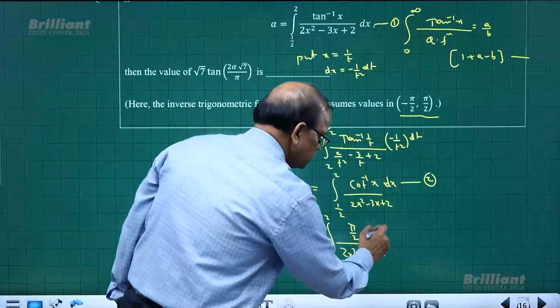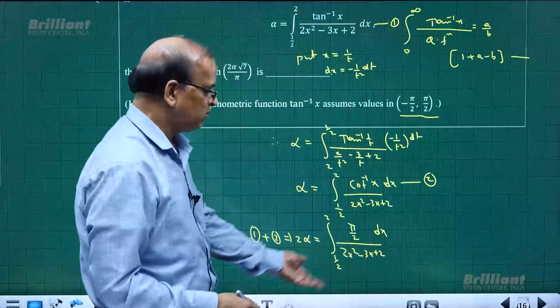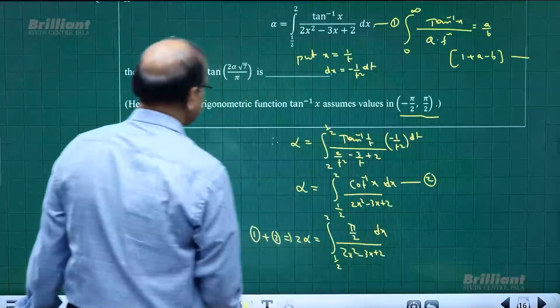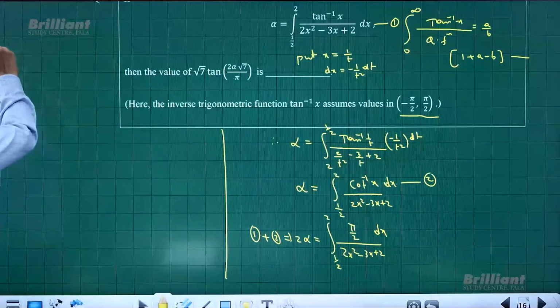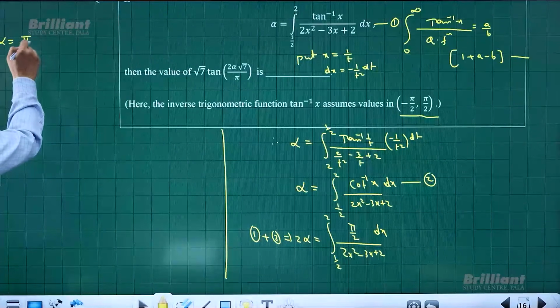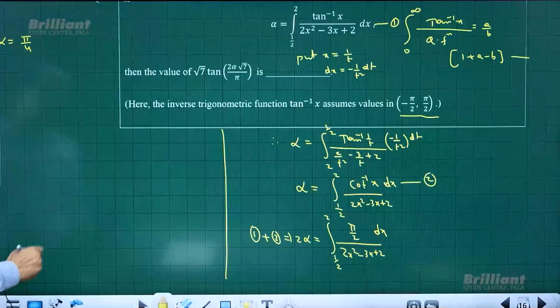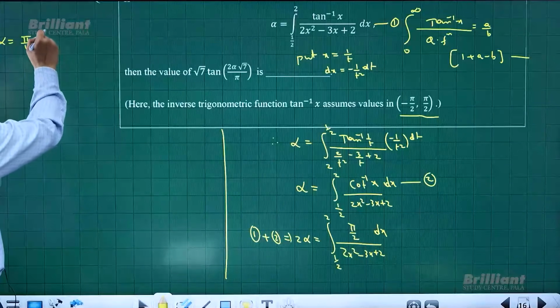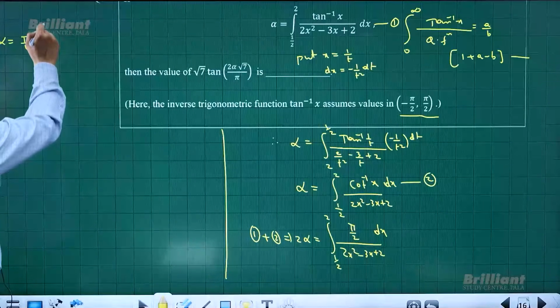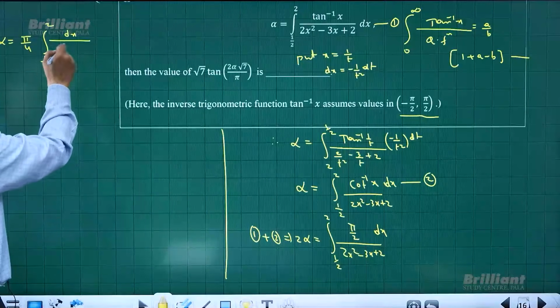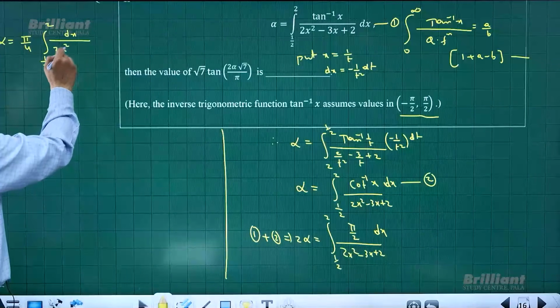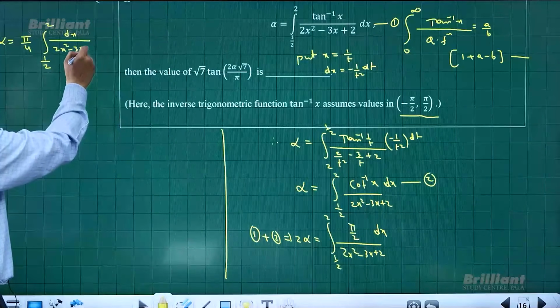This is a simple integration of 1 by a quadratic. So alpha is pi by 4. Alpha is equal to pi by 4 times the integral from 1 by 2 to 2 of dx by 2x square minus 3x plus 2.